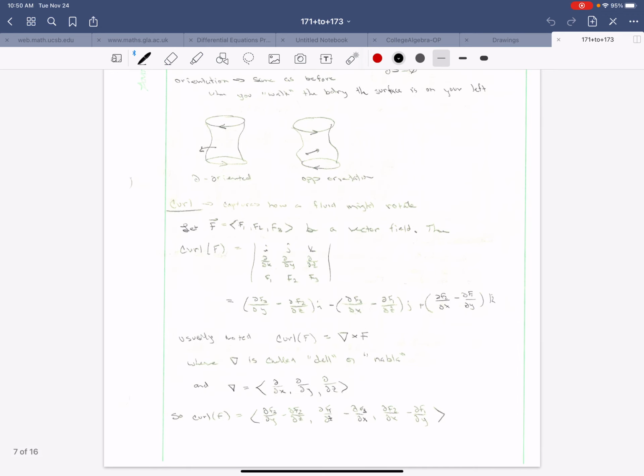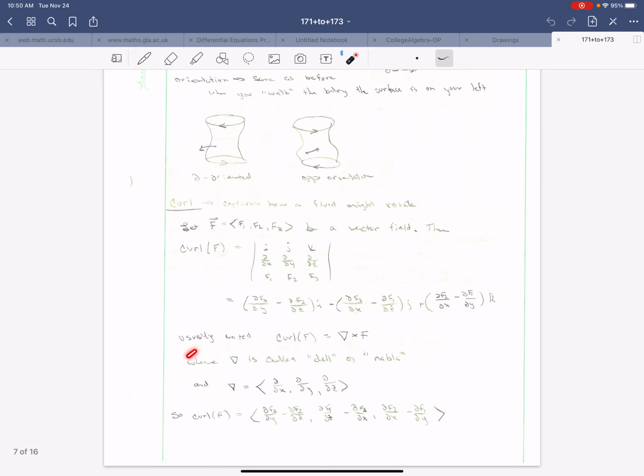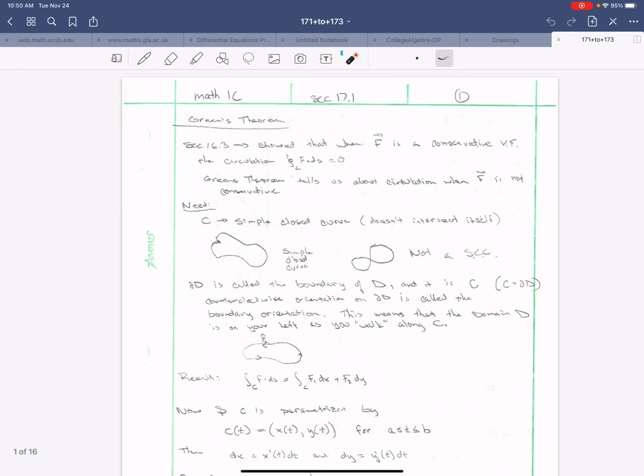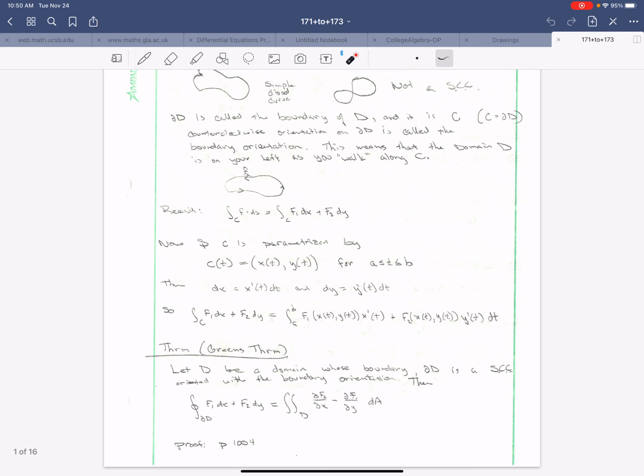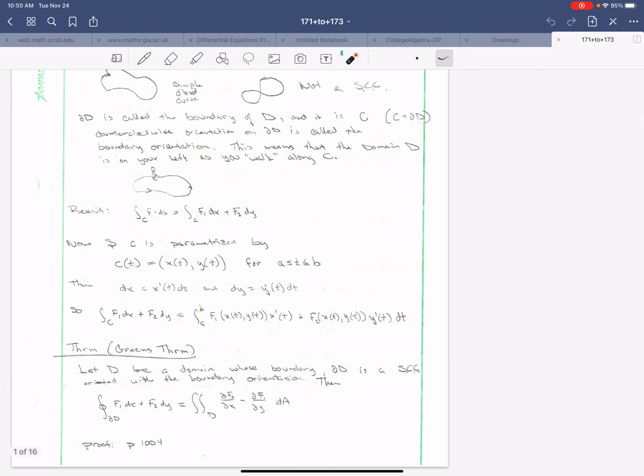And so in this notebook, if you notice down in the lower corner, it says we're on page 7 of 16. If I go back to the beginning, this is about Green's theorem, and Green's theorem is cool, and I'm going to explain it, and it'll come next week.